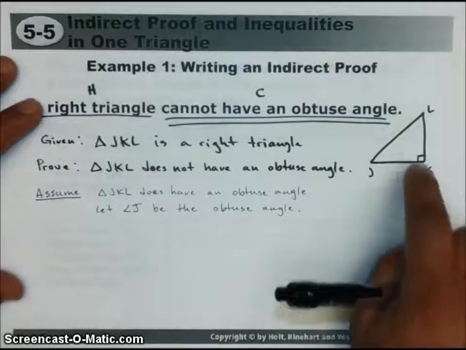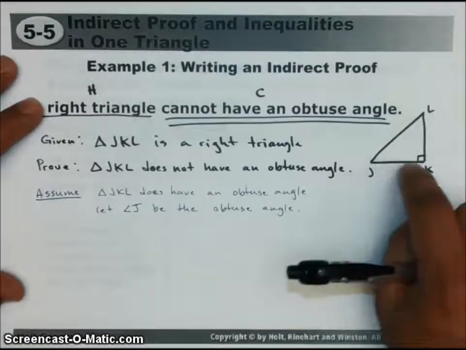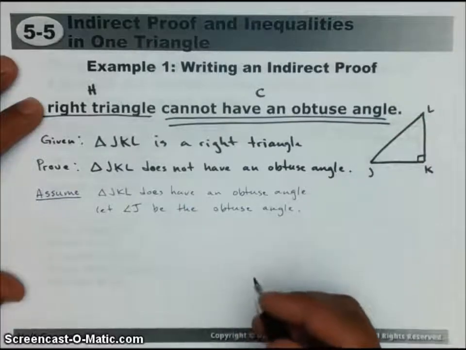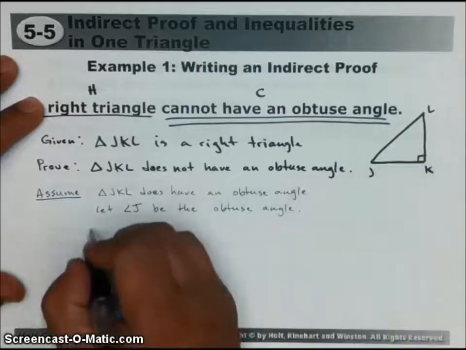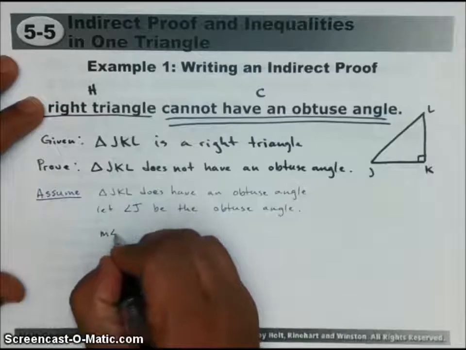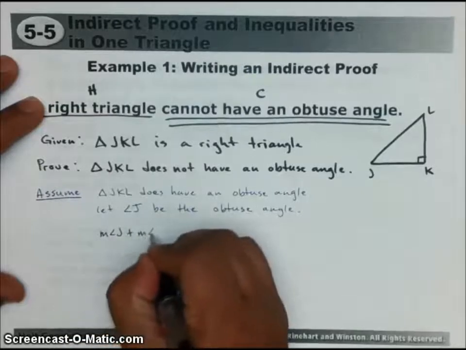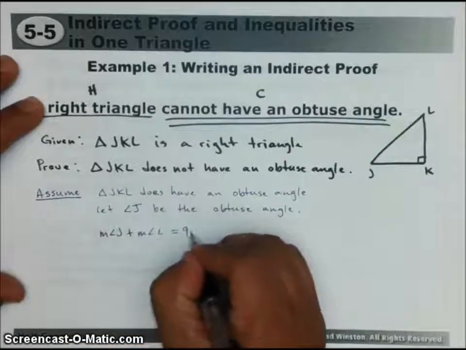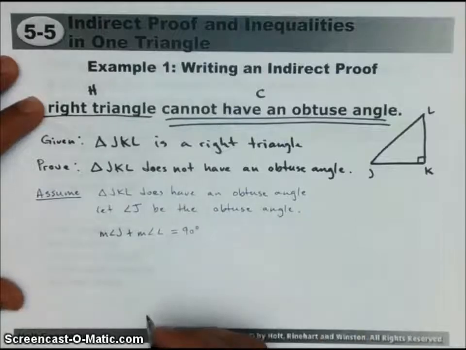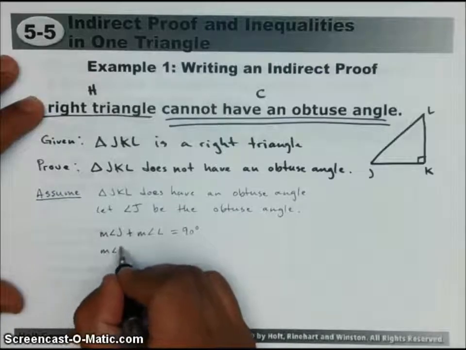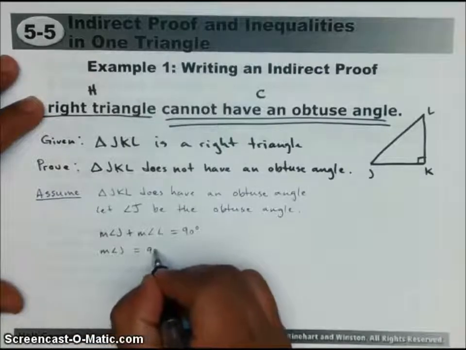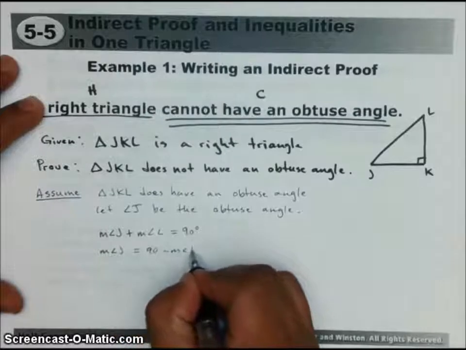Remember that the angles inside a triangle always add up to 180. But since this angle is already 90, the measure of angle J plus the measure of angle L has to equal 90 degrees. Then the measure of angle J is equal to 90 minus the measure of angle L.